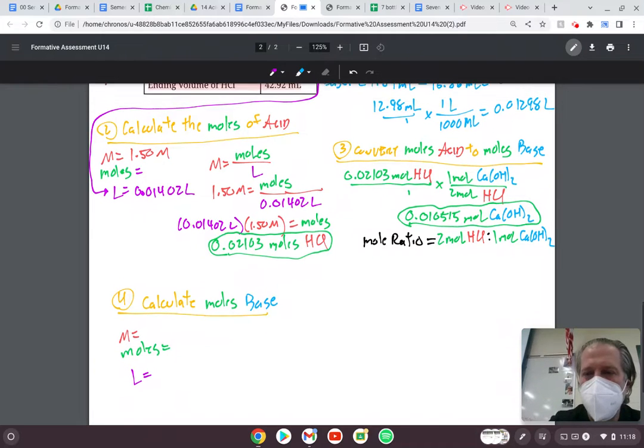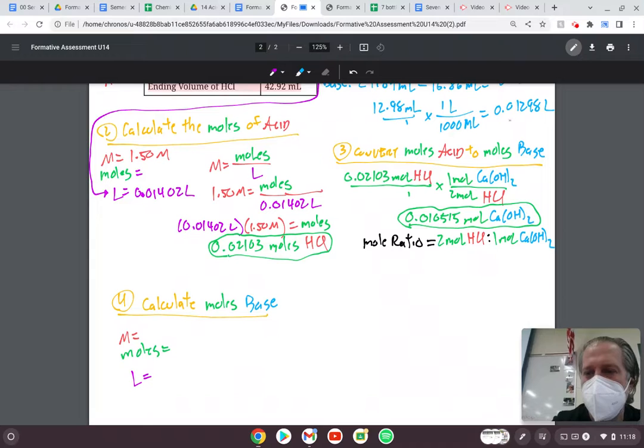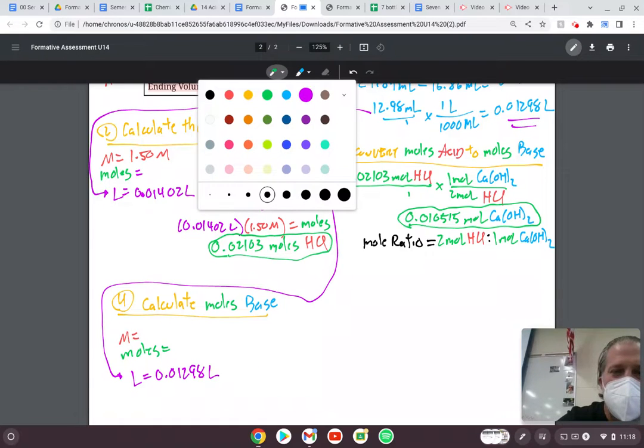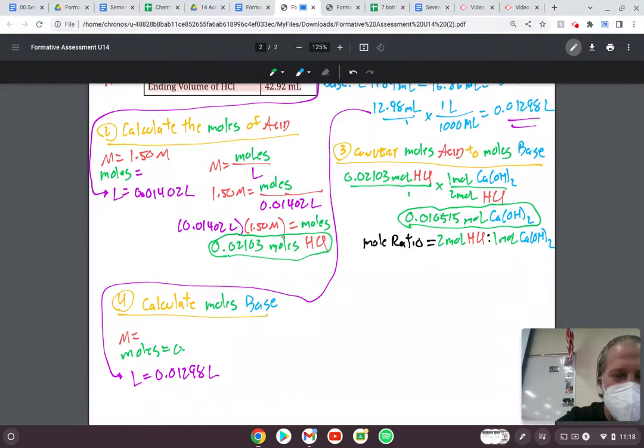Now in this problem, the volume that we used for the base is the 0.01298 liters, so we're going to drop that down here. That's 0.01298 liters. And we just calculated the moles to be 0.010515 moles. And that's going to come from right there.